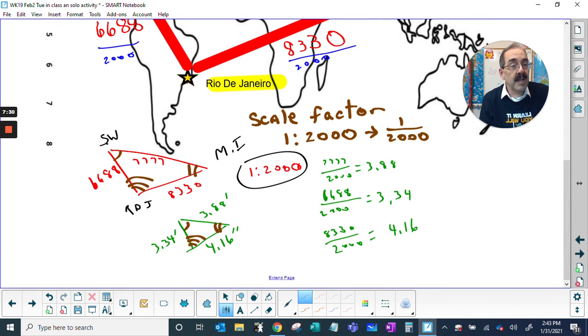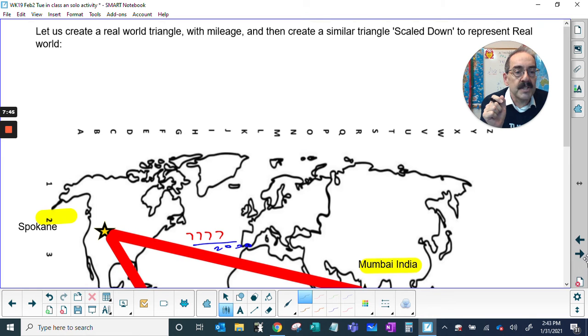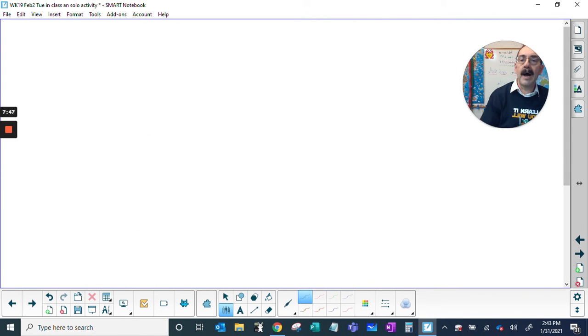Okay, scale factor, proportion. Well, now this idea of proportion, we've got to remind ourselves, how did we do that in middle school, that math piece? Okay, so let's just remind ourselves about proportions.